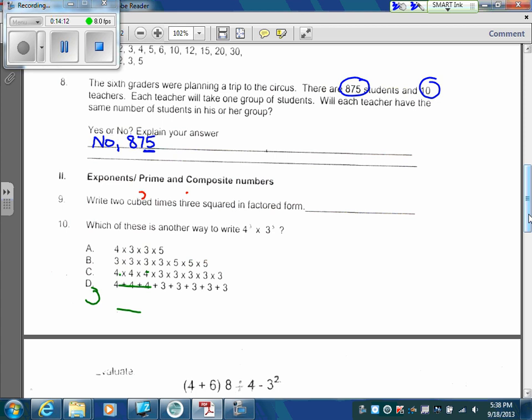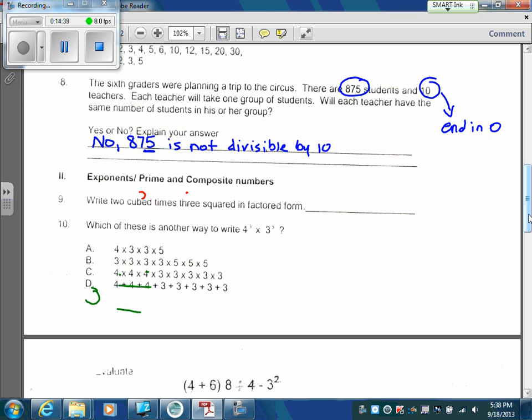My divisibility rule for 10 says it must end in a 0 for it to be divisible by 10. This ends in a 5, so 875 is not divisible by 10. So they're going to have some groups that are not going to have exactly 10.